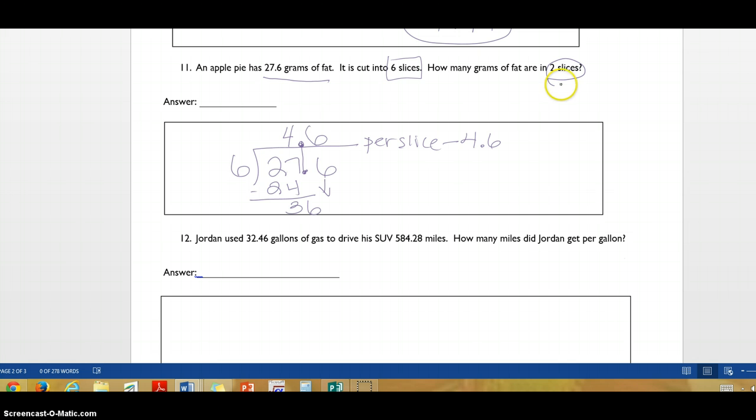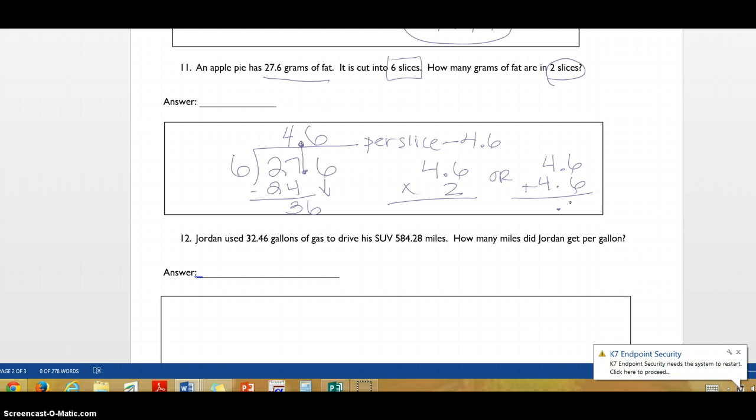Now we're trying to figure out 2 slices, so you can either multiply 4.6 by 2, or you can add 4.6 plus 4.6, whatever you want to do, either way is going to be the same thing. I just added. I like adding more than multiplying. I feel like it's a little bit less work. So let's see, 6 plus 6 is 12. 4 plus 4 is 8. 1 more is 9.